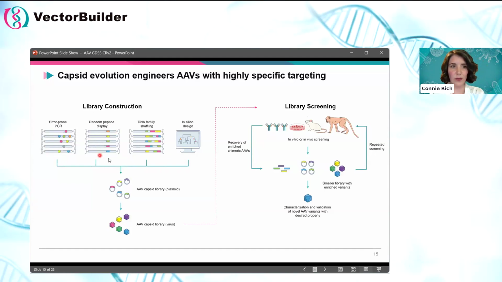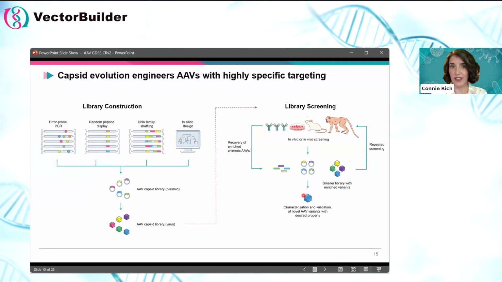Following random peptide display library construction, these are cloned into AAV capsid plasmids, which are then packaged into various recombinant viruses and screened either in vitro or in vivo. This usually takes quite a few rounds to ensure that our hits are valid and worth pursuing before we finally identify a novel capsid that we can bring for further validation and further studies.